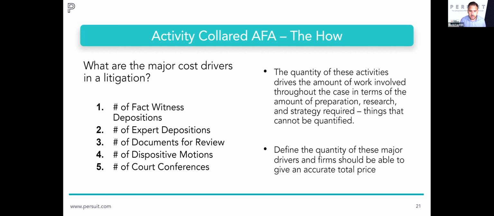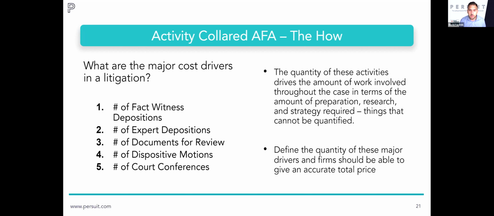Especially when you're trying to implement this at the beginning of the case before things have really gotten going. But you can look back at your prior data. You can go back and look at previous matters to get a best guess of what's likely to be required in this particular matter. And so much of the information in the complaint will help you to figure that out. But even if you don't get it exactly right, you want to give your best guess and your best assumption.